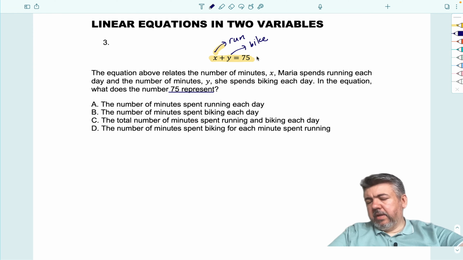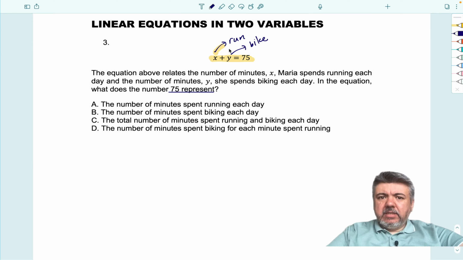Okay, it should not be very challenging actually. X is the number of minutes she runs. Y is the number of minutes she bikes. So 75 is the total number of minutes she runs and bikes. So C should be the answer, the total number of minutes spent running and biking each day. Okay, that was easy.